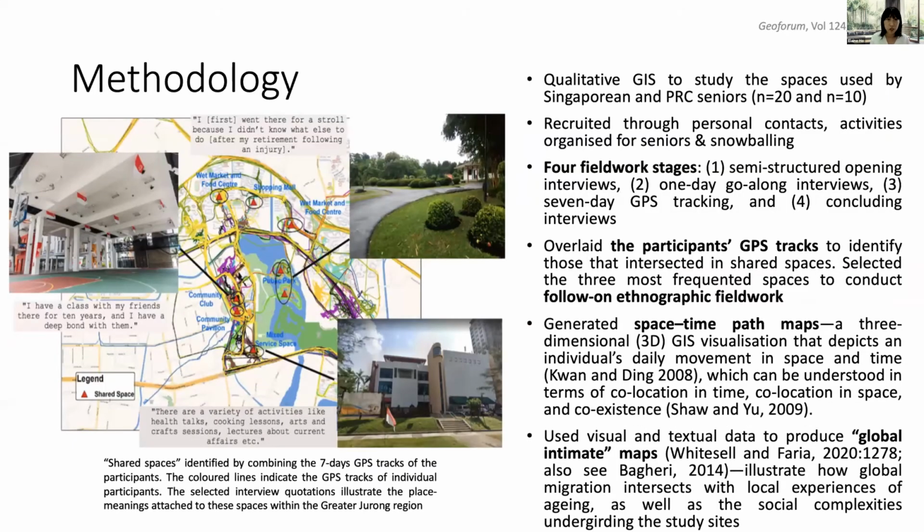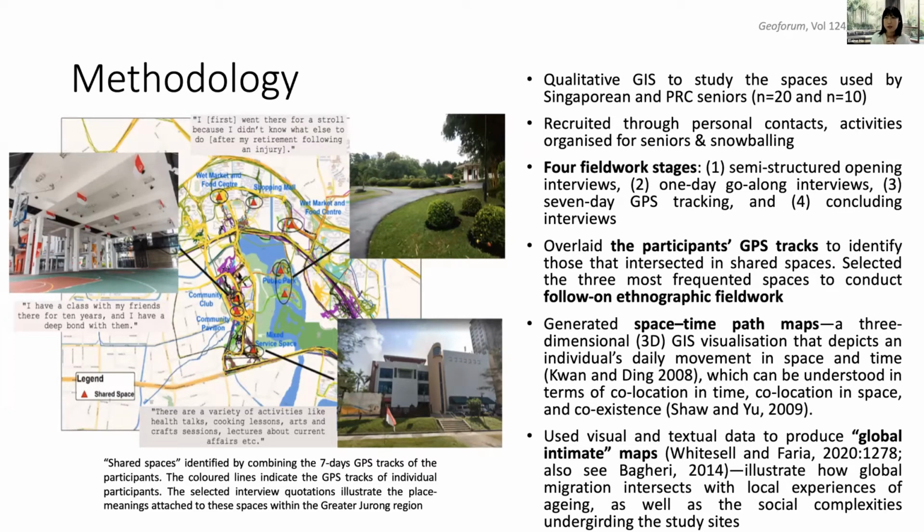So I'll talk a bit about my methodology next. On the left-hand side of my screen, you will see a map, okay, and the map actually identifies the shared spaces that we identified using GPS tracking. So let me tell you a bit about our methodology. We use qualitative GIS to study the spaces used by Singaporean and PRC seniors.